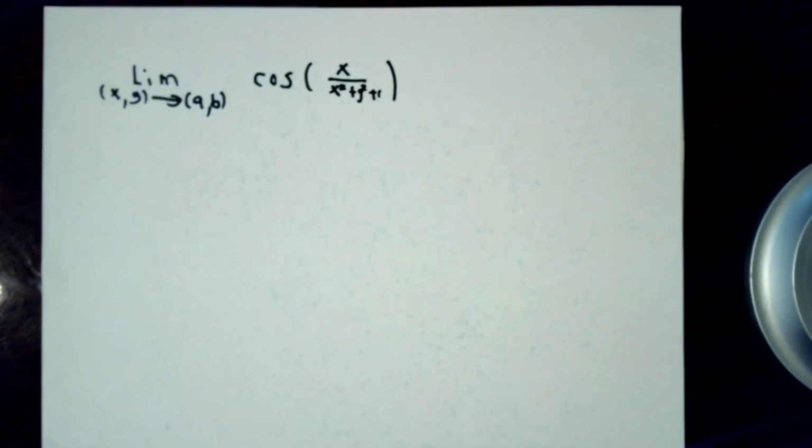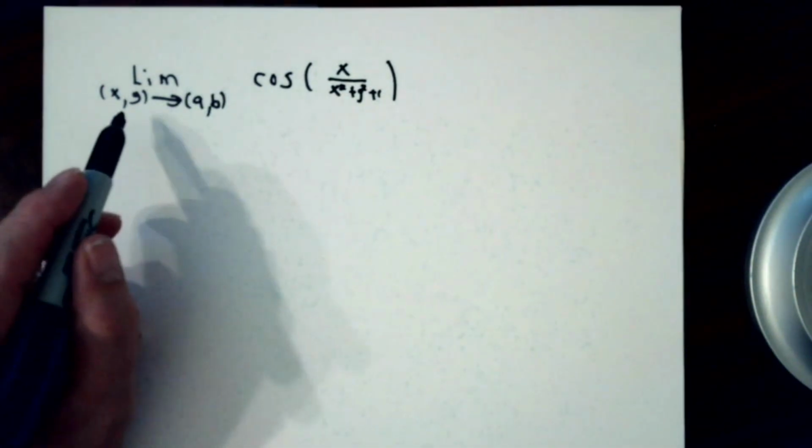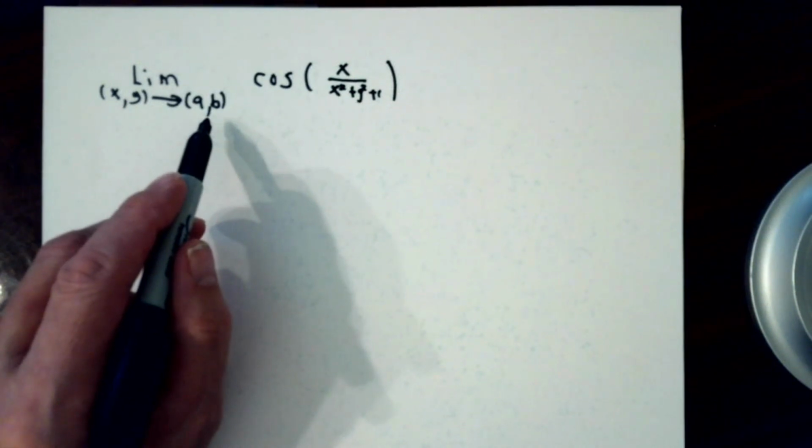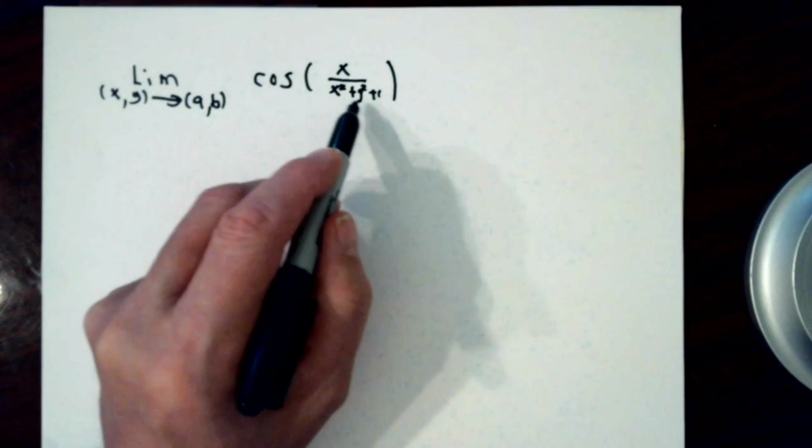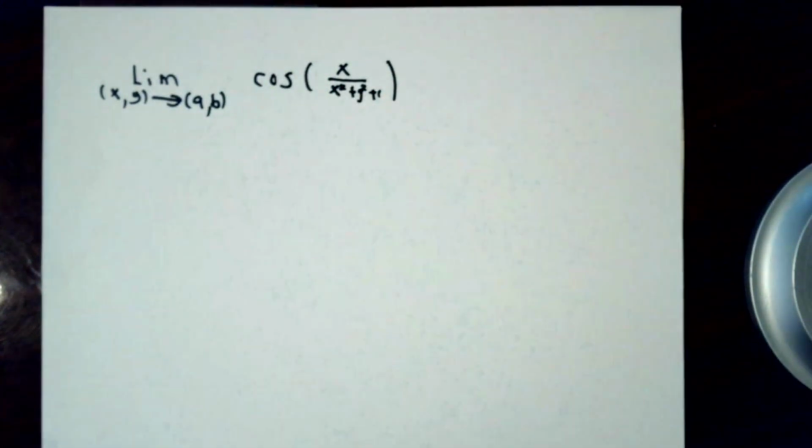For this limit, this is one of these h of z situations where the h is the cosine function. As x and y get close to ab, x over x squared plus y squared plus 1 gets close to some particular number, which we don't know the value of.